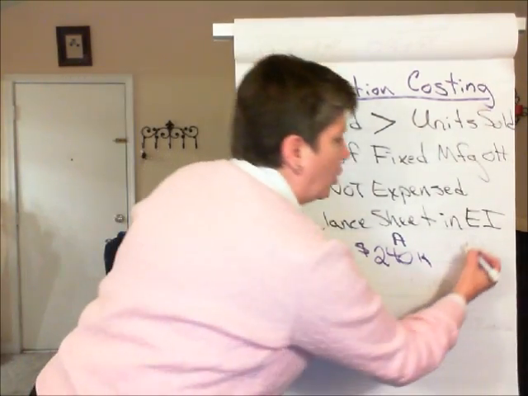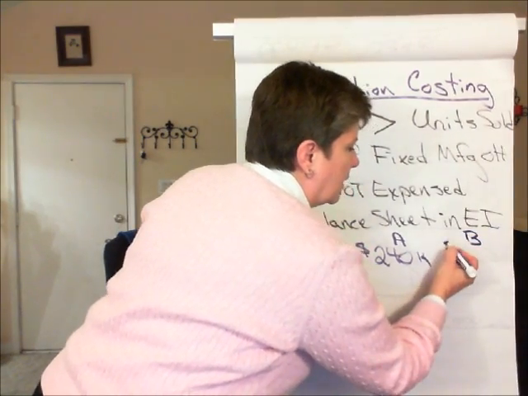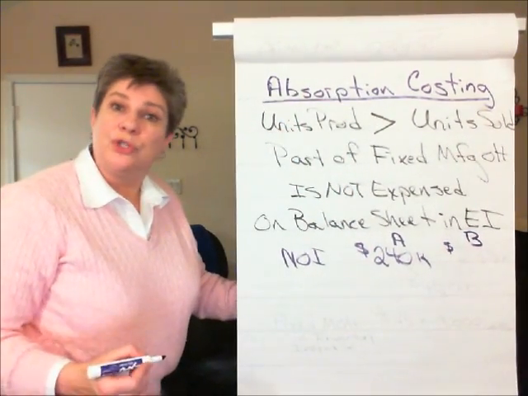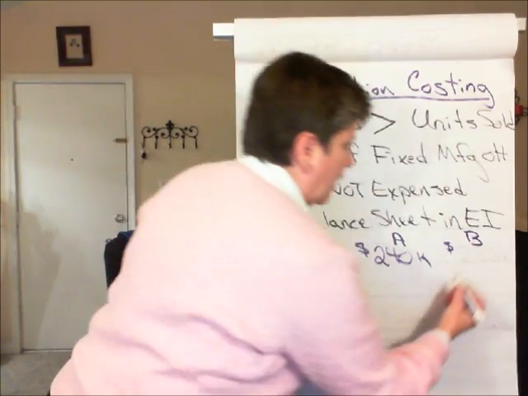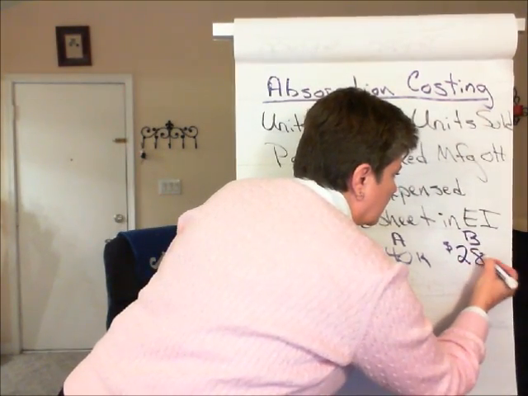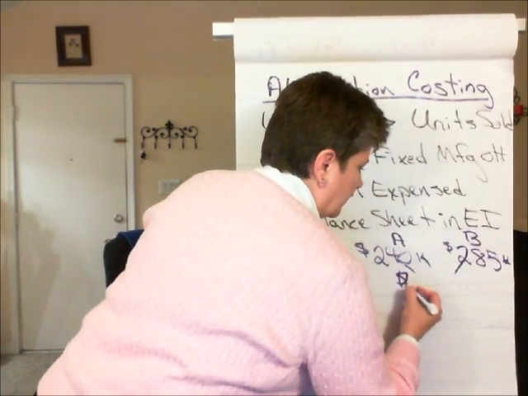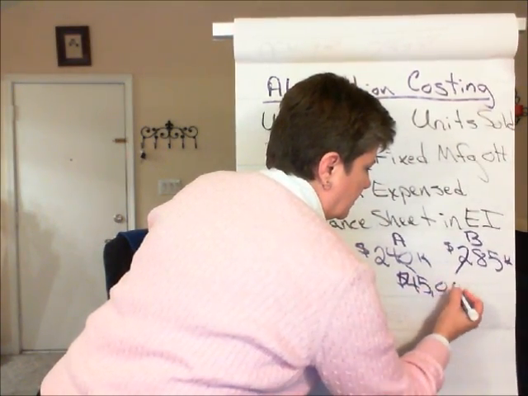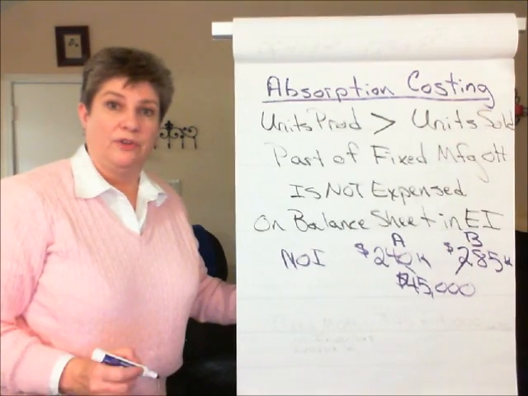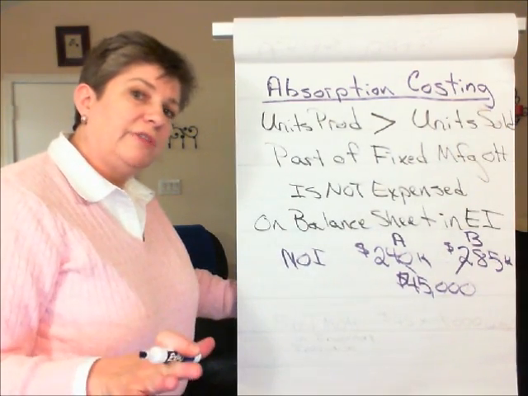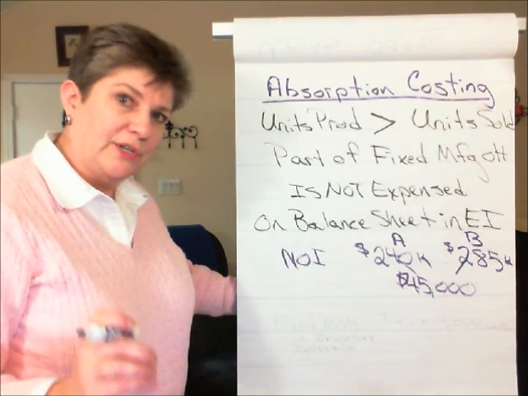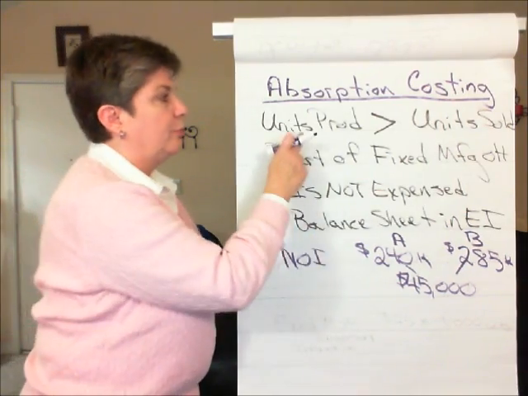And in scenario B, our net operating income was $285,000. Again, a difference of $45,000.